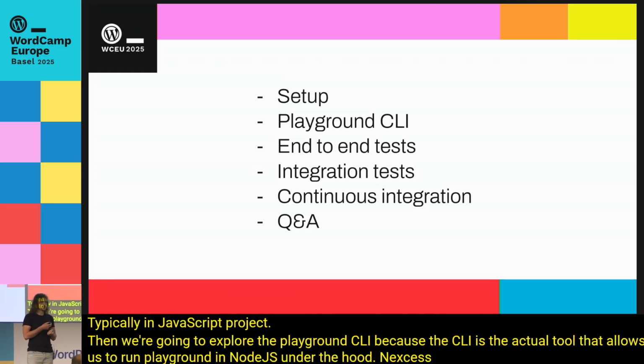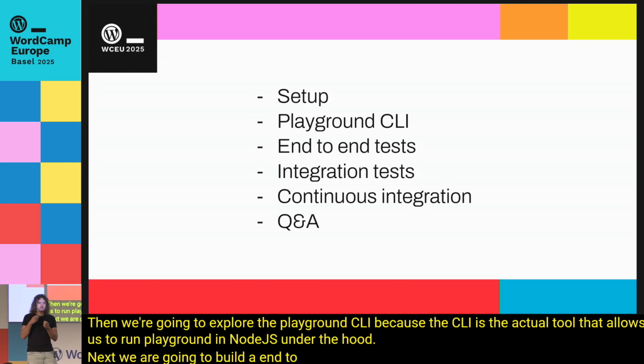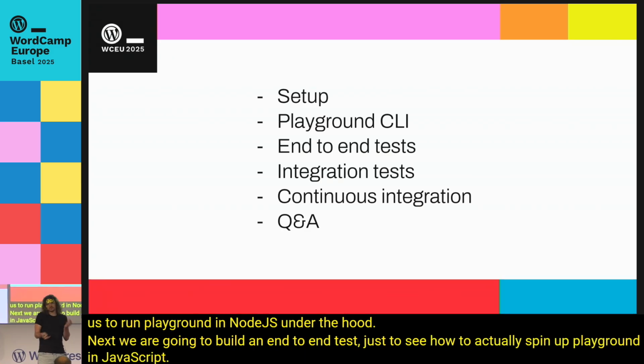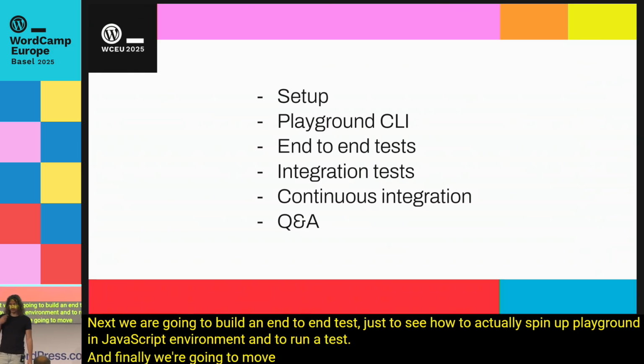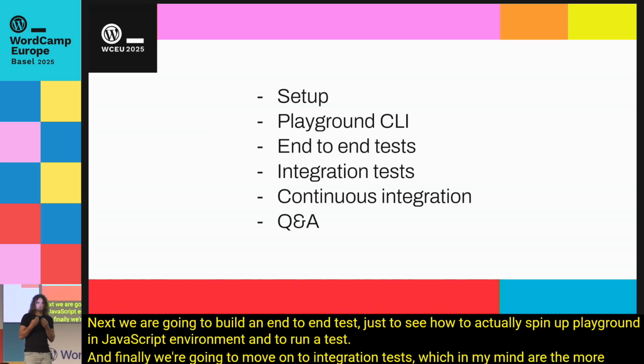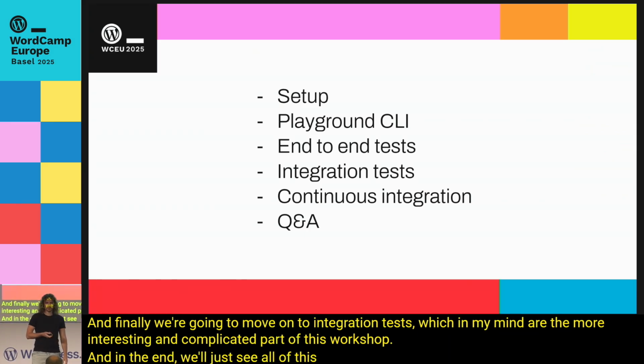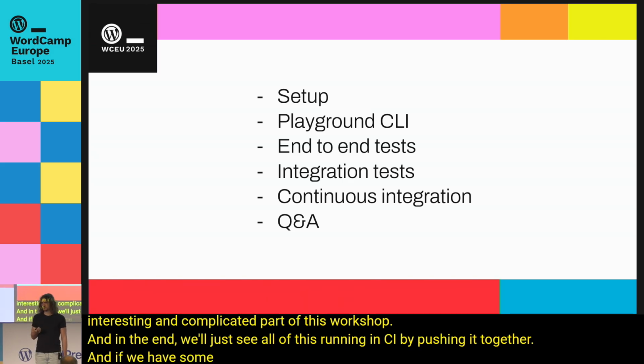Next, we're going to build an end-to-end test just to see how to actually spin up Playground in a JavaScript environment and to run a test. And finally, we're going to move on to integration tests, which in my mind are the more interesting and complicated part of this workshop. And in the end, we'll just see all of this running in CI by pushing it to Git. And if we have some time, hopefully, a Q&A session.